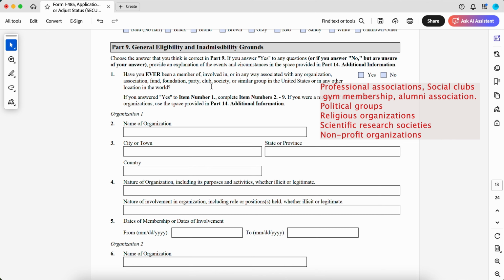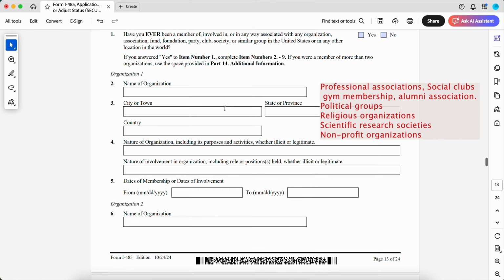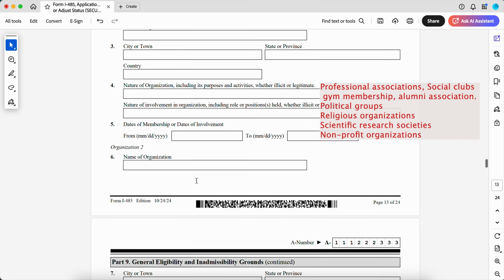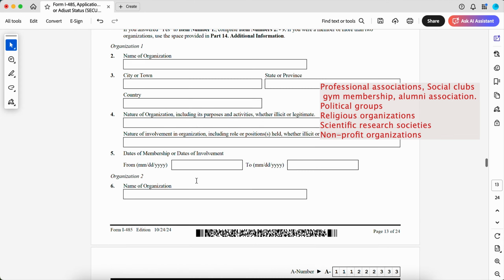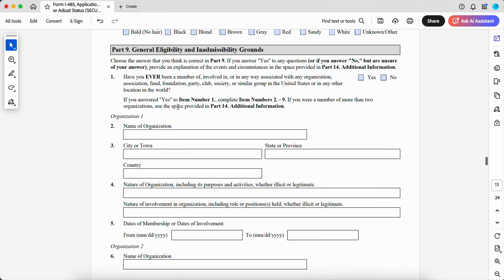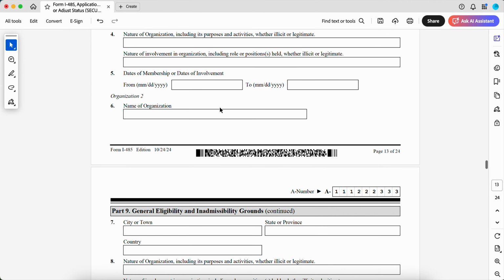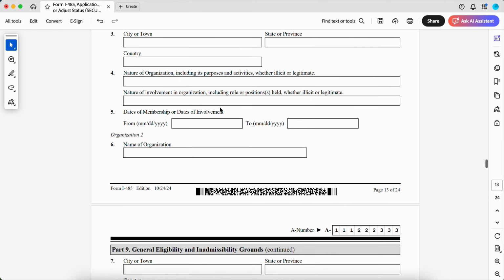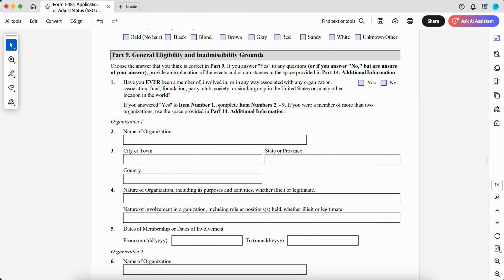If yes, you have to write yes and list the organizations you've been involved in. Then, have you been denied admission or visa to the United States? Have you worked without authorization in the US? And all the security questions.